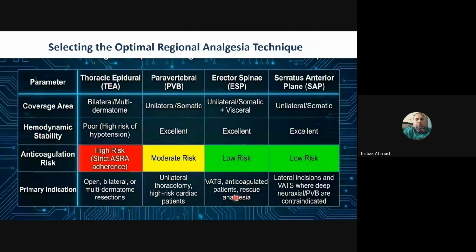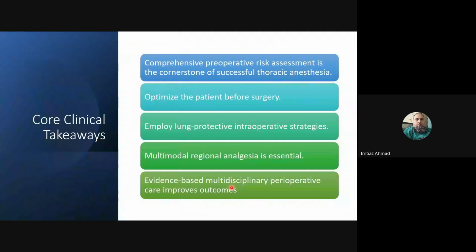It can act as rescue analgesia. Serratus anterior plane block can be used in lateral incisions and VATS where deep neuraxial or paravertebral block are contraindicated. In this patient, as they will undergo VATS, erector spinae block will be an excellent choice.